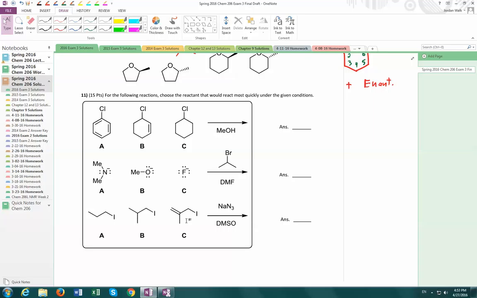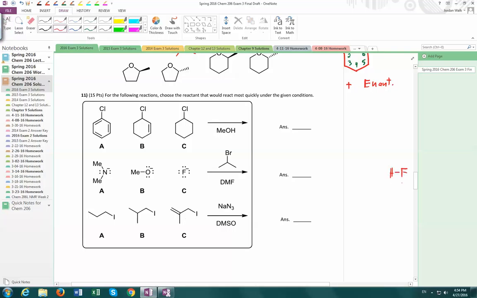Well, which is the least happy with that negative charge? Now, fluorine's the most happy, right? And so as we go right to left, we look at our nitrogen, and our nitrogen with a negative charge there is fairly unstable because, relative to fluorine or oxygen, it's not particularly electronegative.